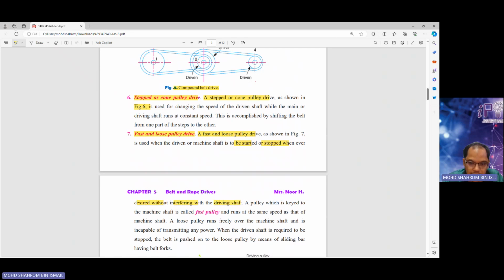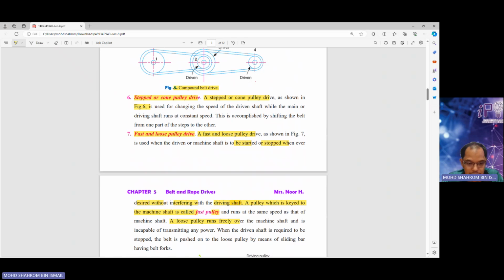A pulley which is keyed to the machine shaft is called fast pulley, and runs at the same speed as that of machine shaft. A loose pulley runs freely over the machine shaft and is incapable of transmitting any power.